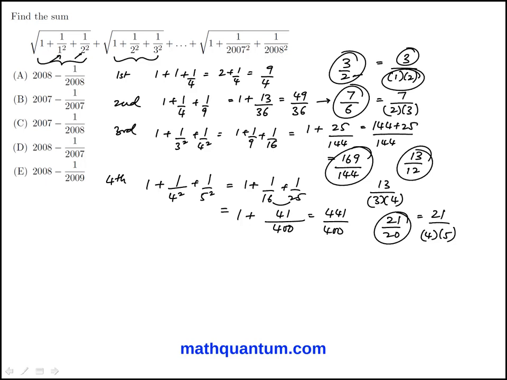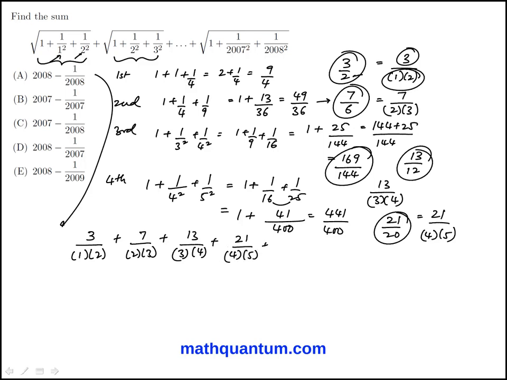So I can rewrite these terms, the sequence, as 3 over 1 times 2, and let's see, 7 over 2 times 3, 13 over 3 times 4. I'm retaining the original term so that I can see a pattern.